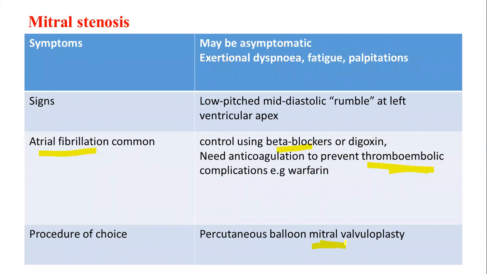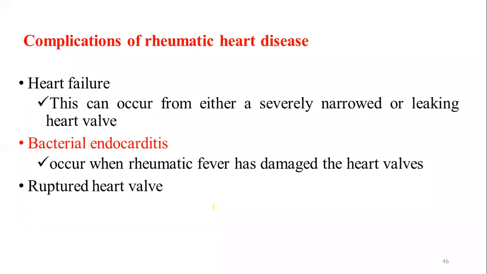So for this condition, the only strategy we have is symptomatic management. Valvular replacement can actually restore the condition, but if someone has replaced valves, they are supposed to be on long-term anticoagulants, because prosthetic valves are a good opportunity for the occurrence of clots in the heart. So that's the major problem.